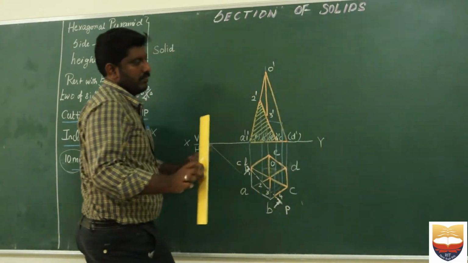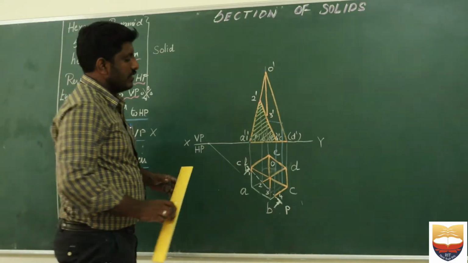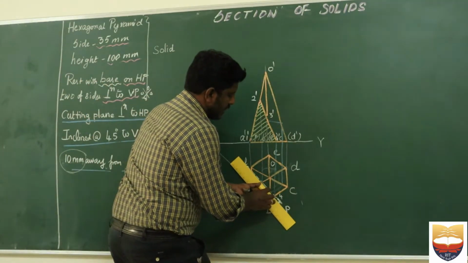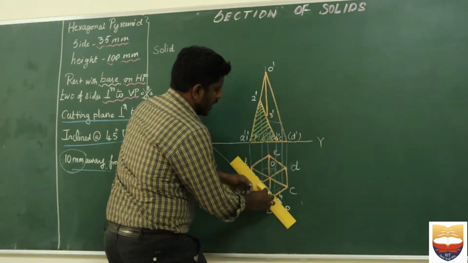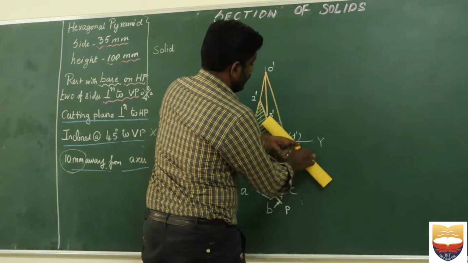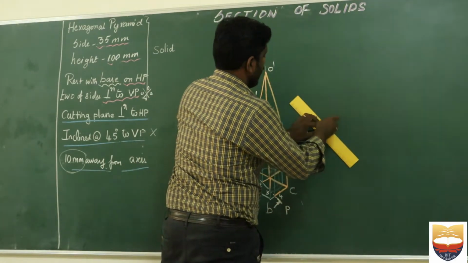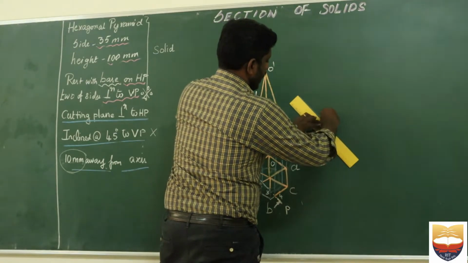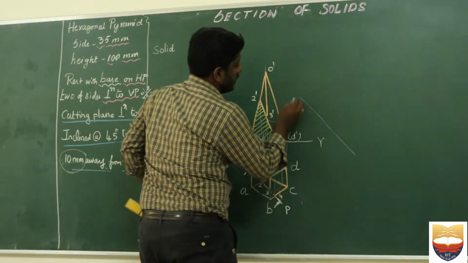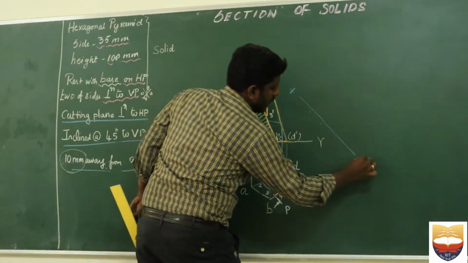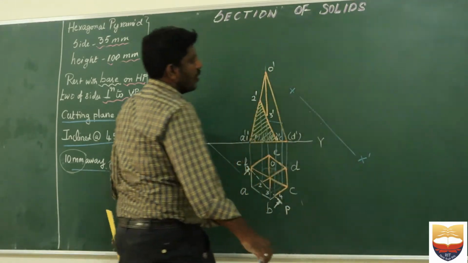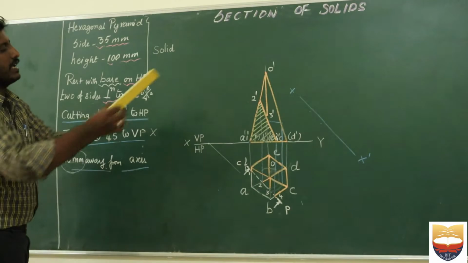It is not a matter. It is not wrong. I am going to fix my scale parallel to my cutting plane, move the same plane over here, and draw an auxiliary plane which is named X and X dash.